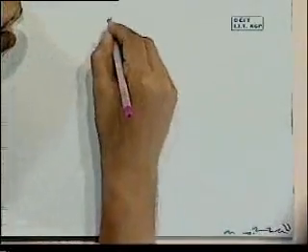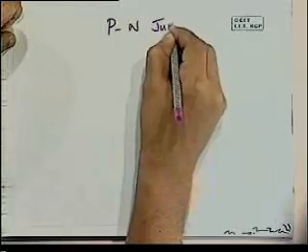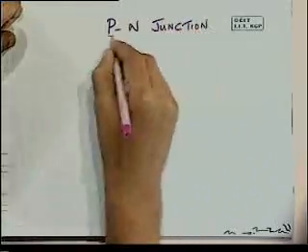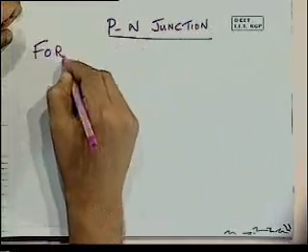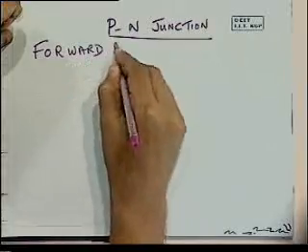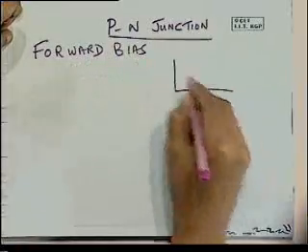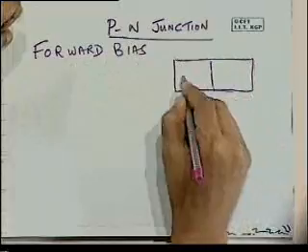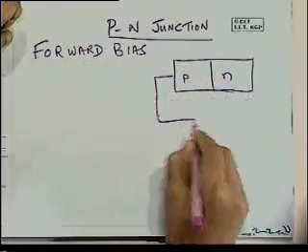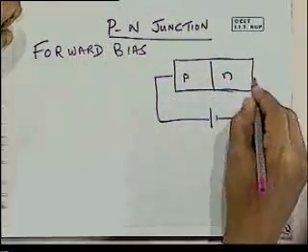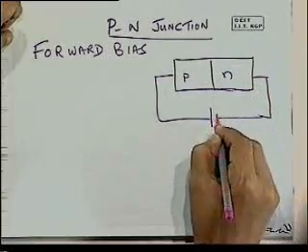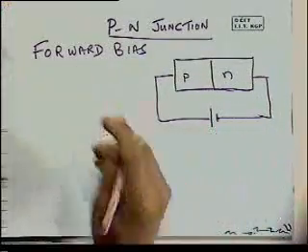So this is where we'll begin today: what happens when we look at the p-n junction in forward bias? In simple terms, forward bias means we've connected the p-type to the positive terminal and the n-type side to the negative terminal.